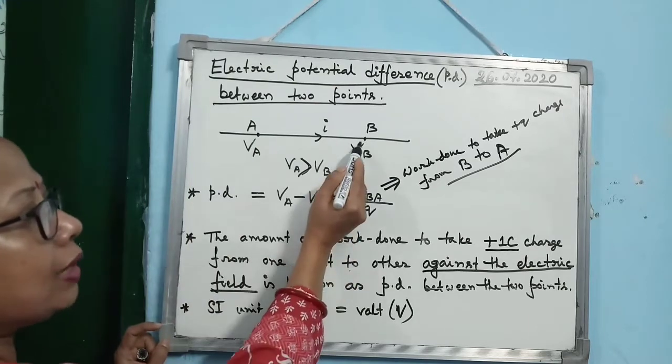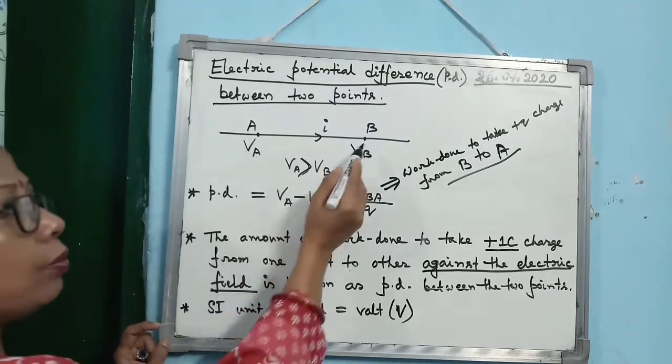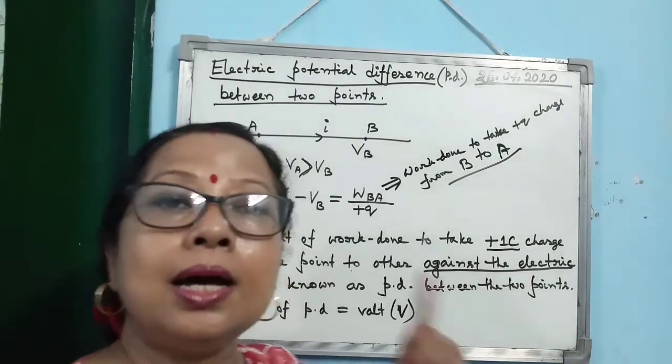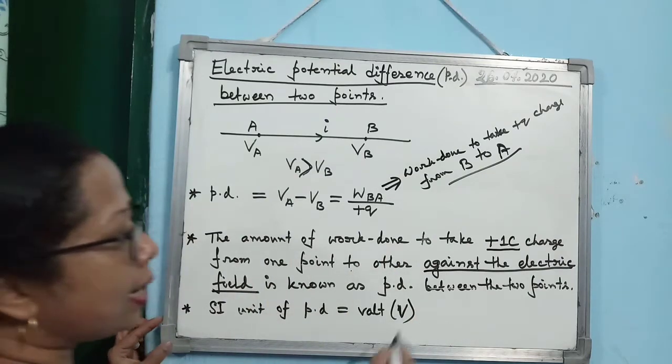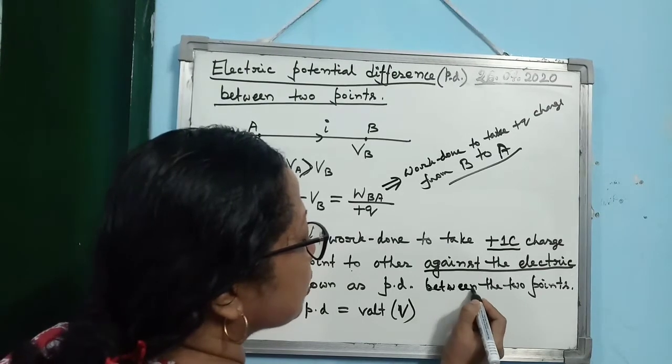Against the electric field specifies that you have to take it from B to A, from lower potential to high potential, the plus Q charge. Then the amount of work done is known as the potential difference between the 2 points.